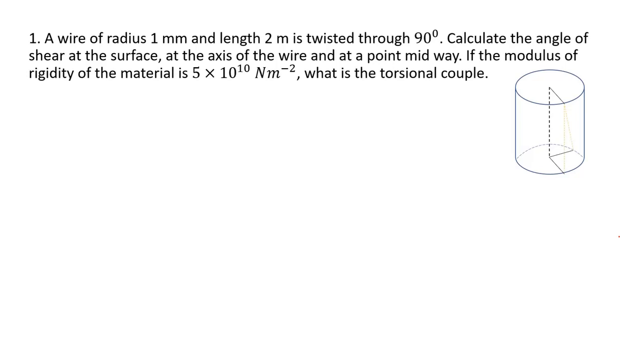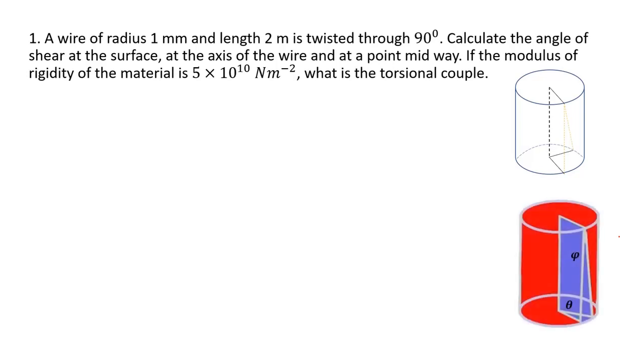This makes two angles, theta and phi, the angle of twist and the angle of shear. Now, we are asked to find the angle of shear, that is phi, at three different points.